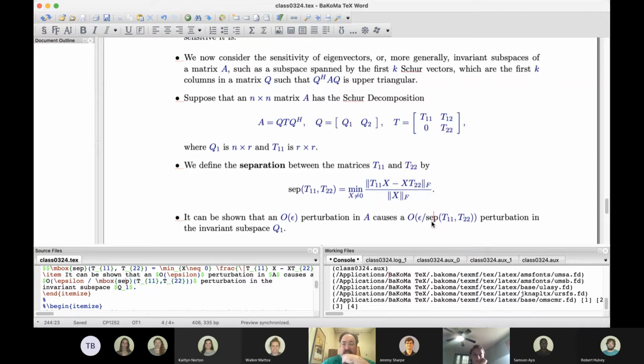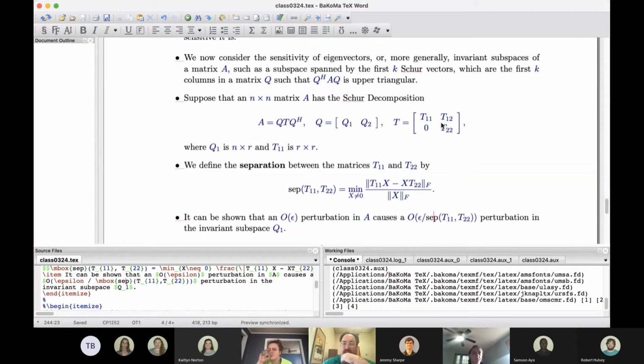So here we have a situation where A has this kind of Schur decomposition, where matrix Q is orthogonal and you break your columns down by this, T is upper triangular, and so we consider these two diagonal blocks.